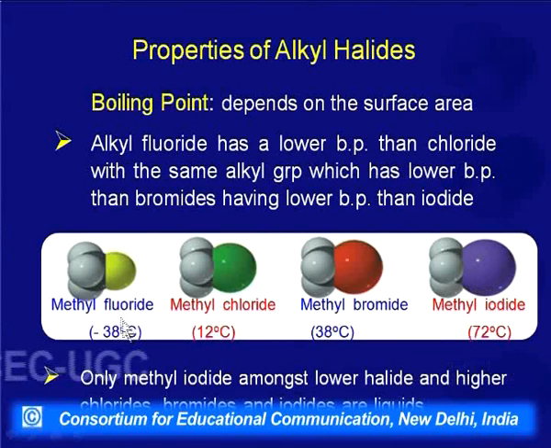Therefore, for example, methyl fluoride, which has a boiling point which goes below 0 degree, is not even found in the liquid state. It has minus 38 degrees centigrade as its boiling point, whereas methyl iodide has a boiling point as high as 72 degrees, and it is a liquid in nature.